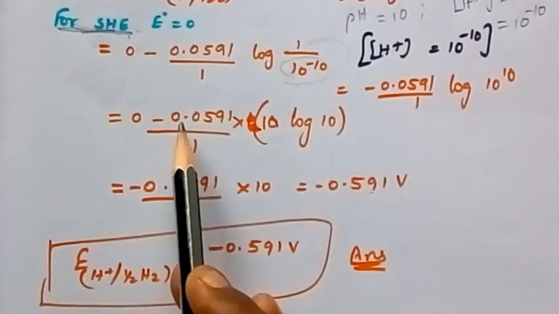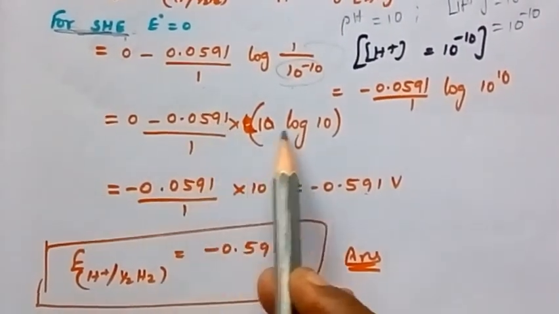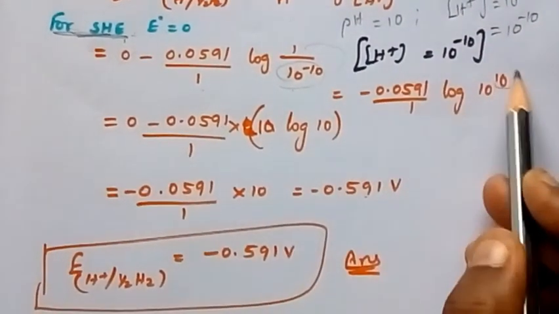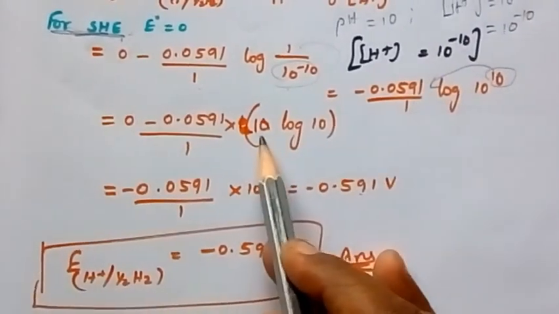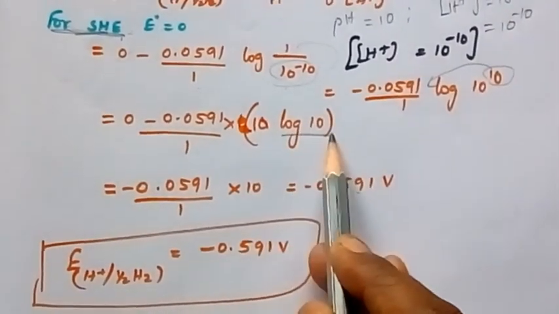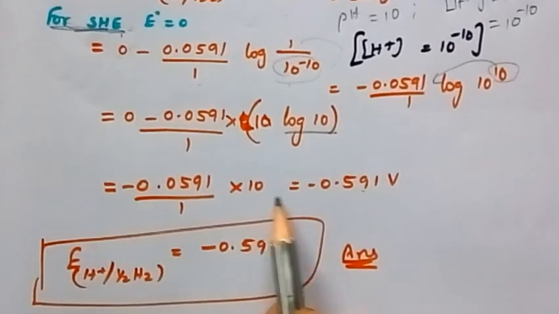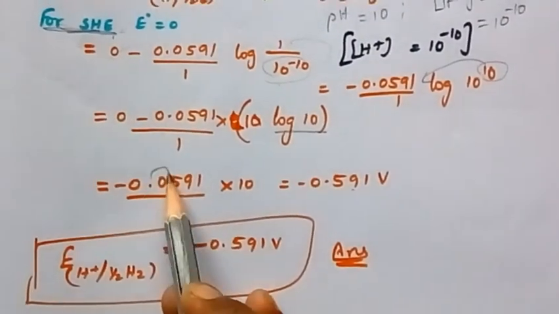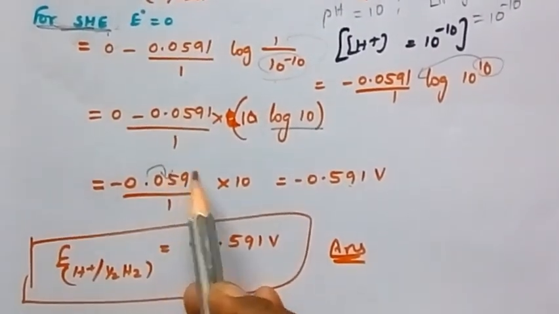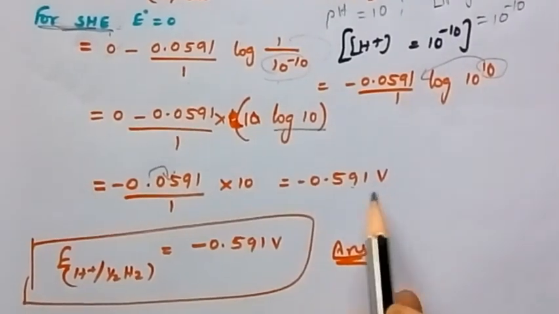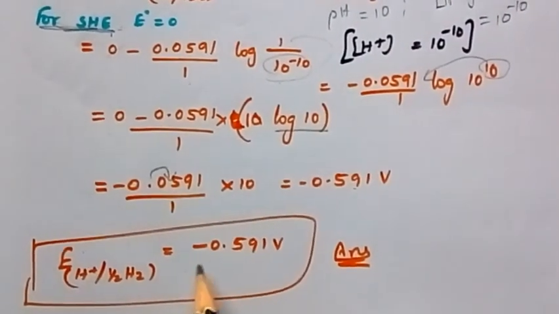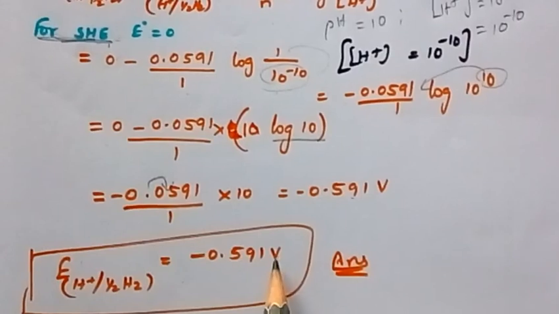So this is equal to minus 0.0591 by 1, this power comes to this side. So log 10 value is equal to 1. So multiplying this with 10 we get 0.591 volt. So EMF of the cell is equal to minus 0.591 volt.